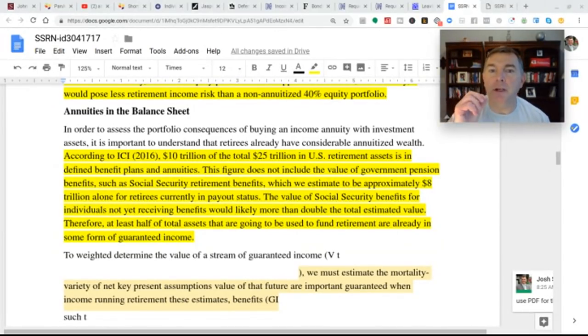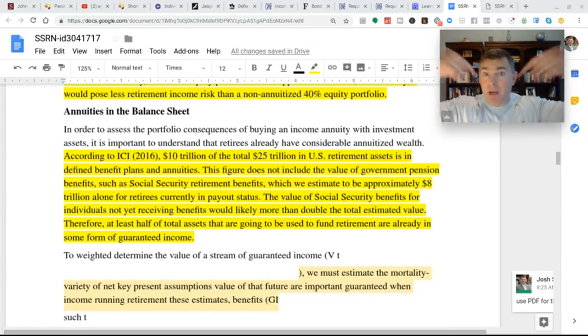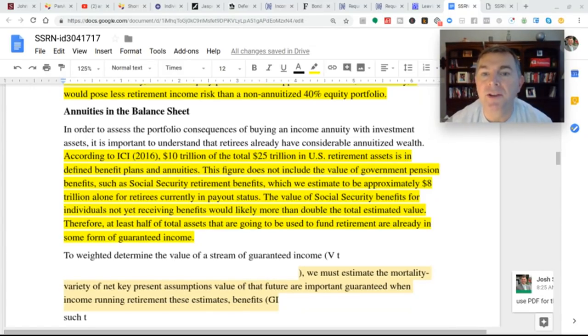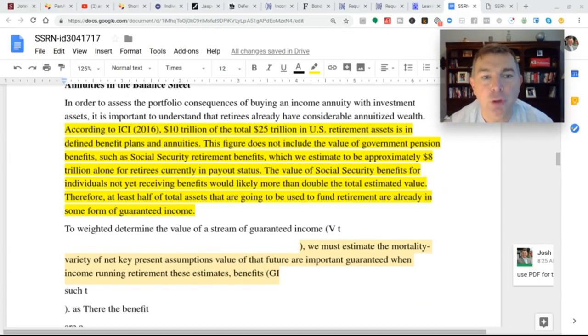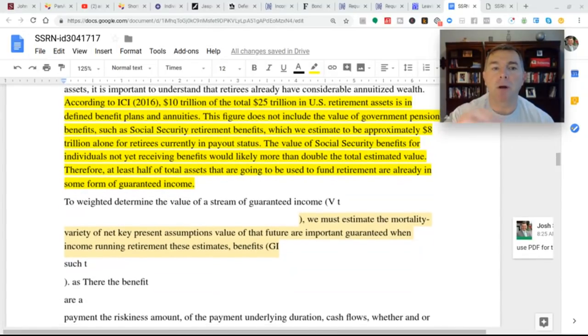This figure doesn't even include the value of government pension plans such as Social Security, which we estimate to be approximately $8 trillion, and that's just for retirees currently in payout status. The value of Social Security benefits for individuals not yet receiving benefits would likely more than double the total estimated value, so another 16 to 20 trillion. Therefore, at least half the total assets that are going to be used to fund retirement are already in some form of guaranteed income.